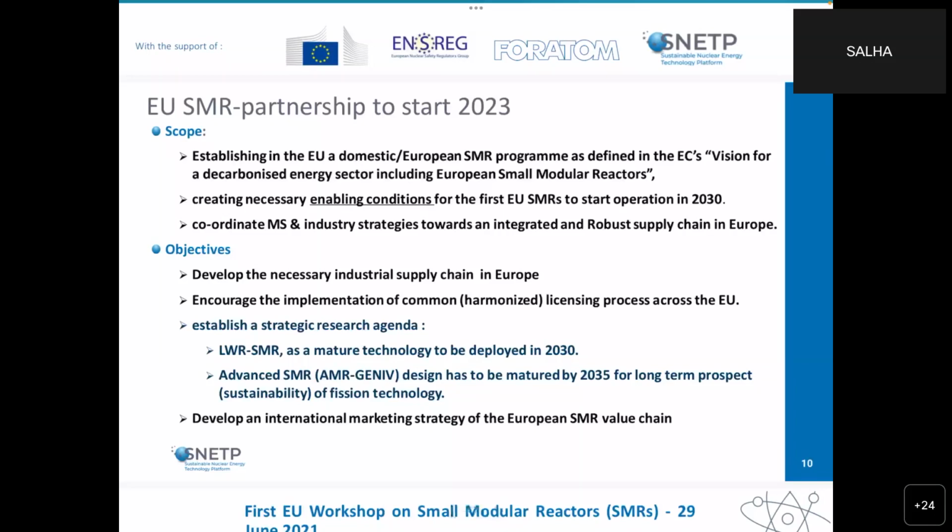a short horizon. So the idea is to develop the necessary industrial supply chain in Europe, to encourage the implementation of common or at least harmonized licensing process across the EU. That's a very huge and important topic, this question of harmonized licensing.